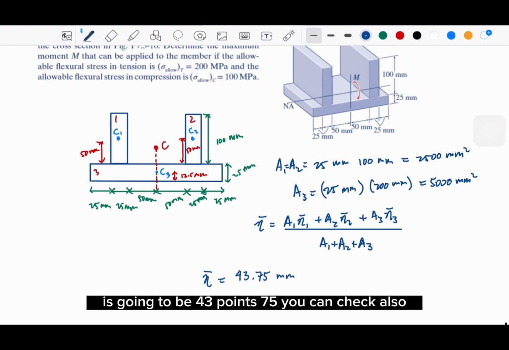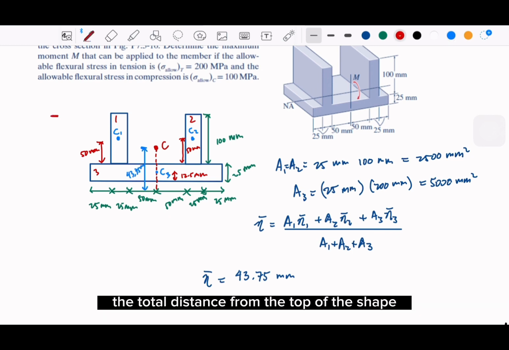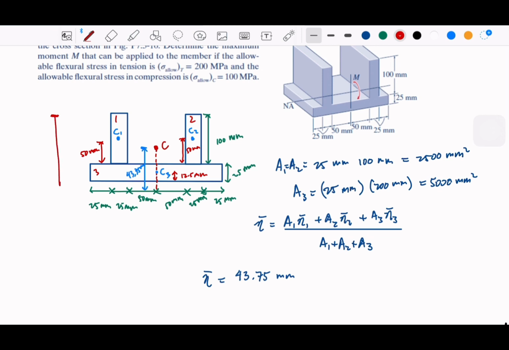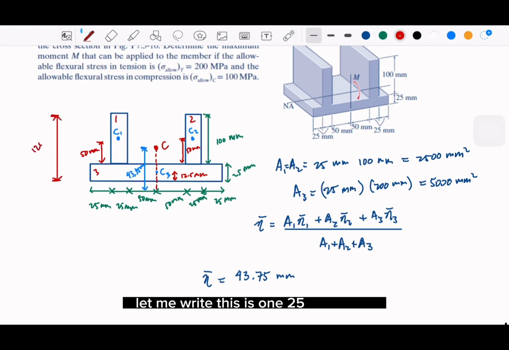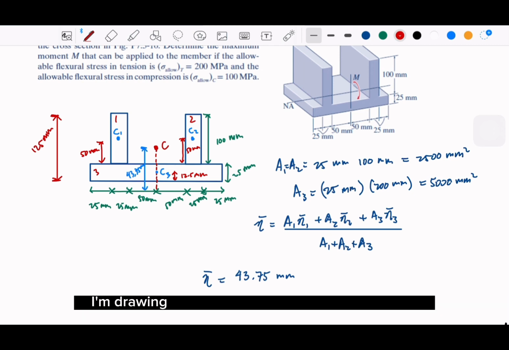You can check also. So that is this point here, 43.75. And remember the total distance from the top of the shape until the bottom here is 100 plus 25, so let me write, this is 125 millimeter. I'm drawing a little bit longer, so this is wrong here.